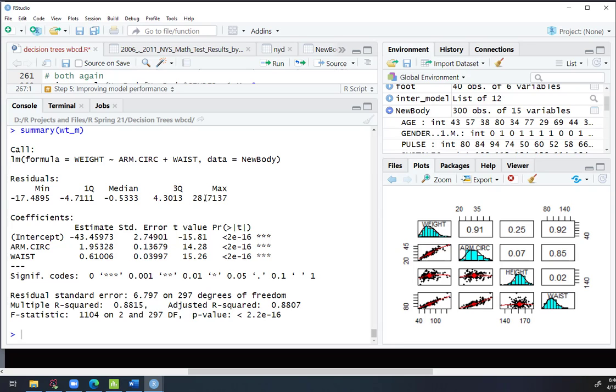So the standard deviation is about 12 kilograms. And that's a pretty big standard deviation. So I guess right away I'm not as happy with the model residuals as I could be. Now we've got more. We've got the intercept and the arm circumference and the waist.